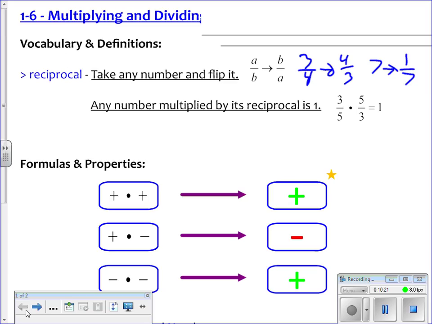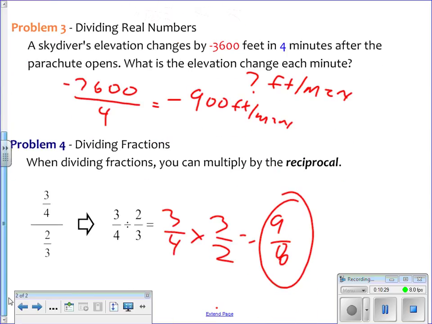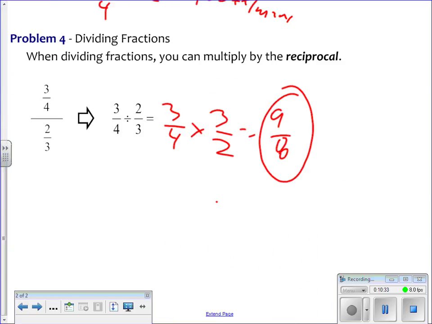You multiply it by its reciprocal, 3/2. If I multiply the denominator by 3/2, I multiply the numerator by 3/2. This becomes 1, and I have this, which is the same. That's why you do it.